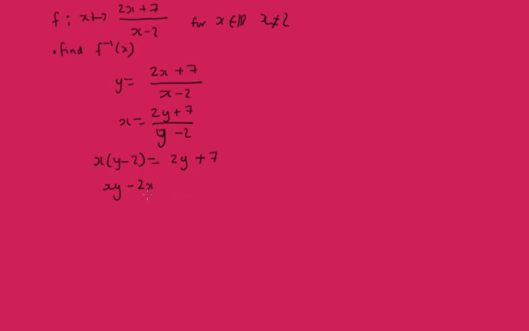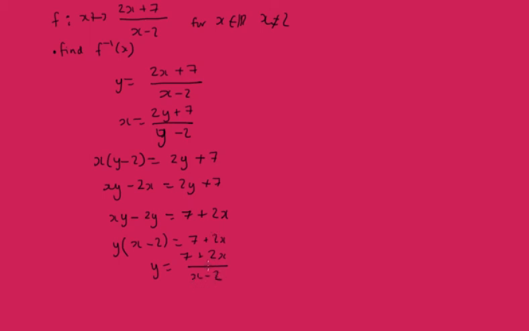Let's bring all the y's over to this side and all the x's over to the other side. So we'll have xy minus 2y equal to 7 plus 2x. Let's take the y's out, so we now have y times x minus 2 equals 7 plus 2x, and now we'll have y equals 7 plus 2x over x minus 2.